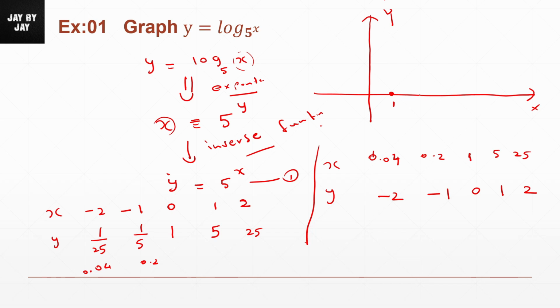So 1, 2, 3, 4, 5. When it's 5, it looks like a 1. When it's 25, that means 5 and 25. Okay, you can do it like this.